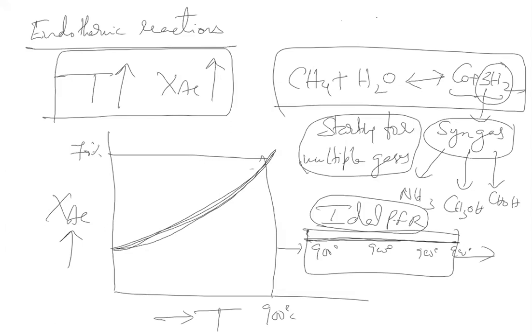Somebody is asking why we can't start with 1000 or 2000 degrees. Because if you start with 1000 degrees, the metallurgy required will be costlier.